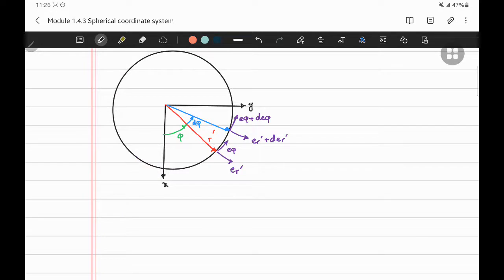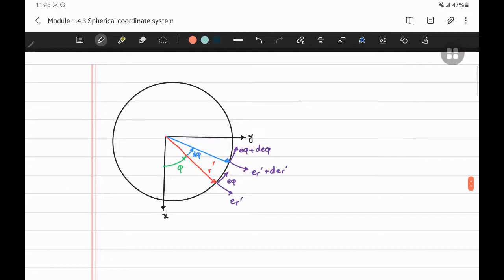And if you recall from the polar coordinate system, that d er was basically d theta e theta.